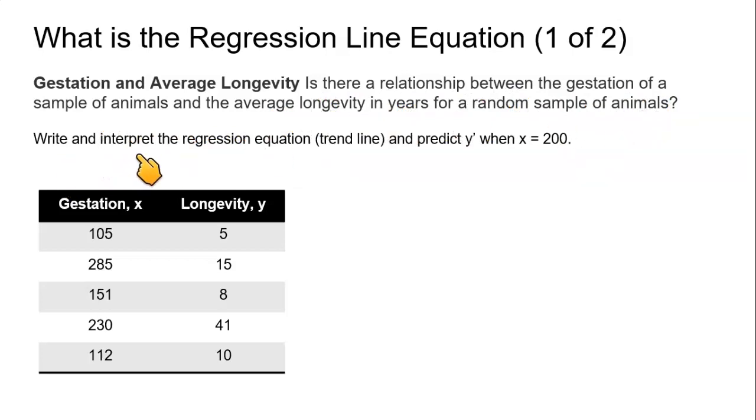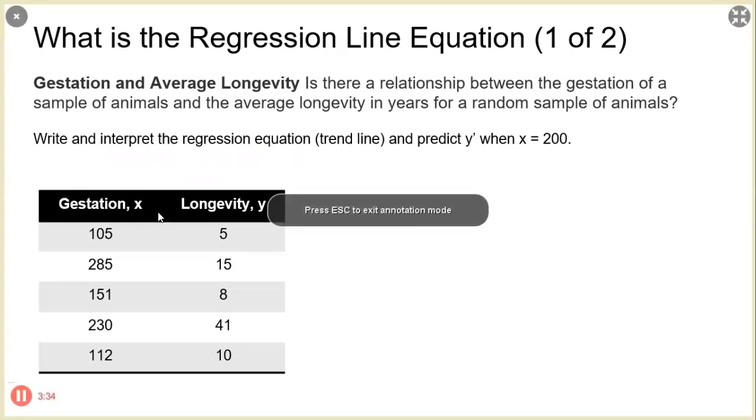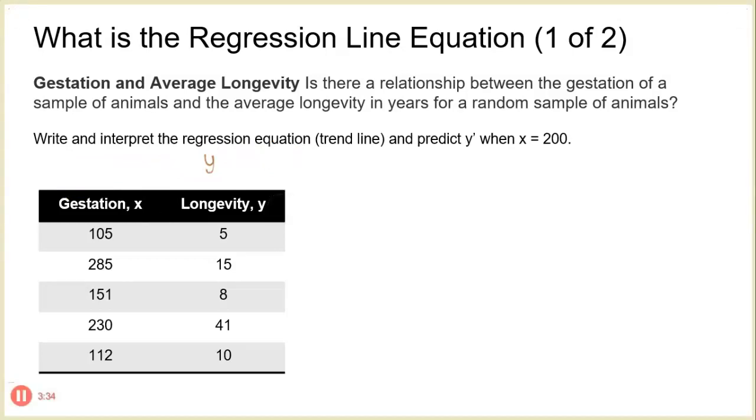And we want to write and interpret a regression equation. So more or less, we would like to find y prime equals a plus b times x, and we want to predict the value of y prime when the value of x is 200.